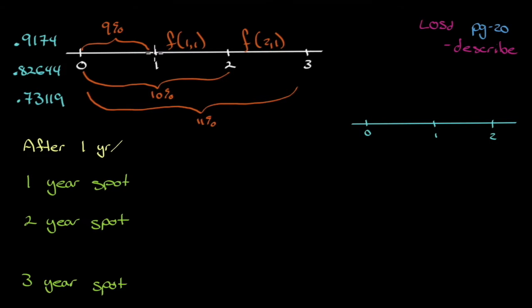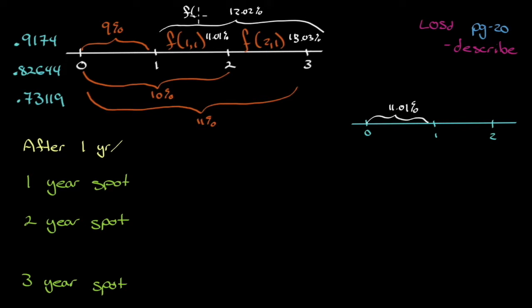We can't say 9% because, well, that's history now. So the 1-year spot is this forward rate. And you'll recall that when we calculated that forward rate, we calculated it as 11.01%. So this over here was 11.01%. This was 13.03%. And this whole thing that we calculated before was 12.02%.